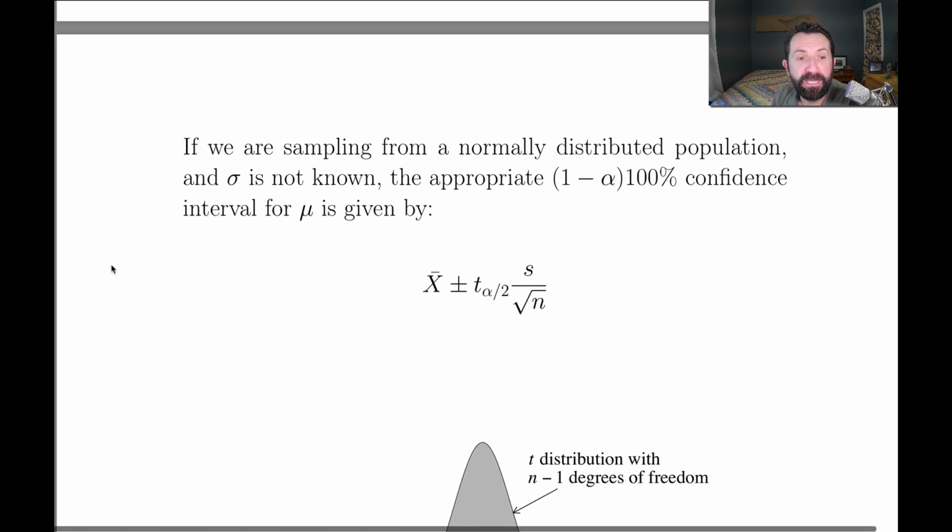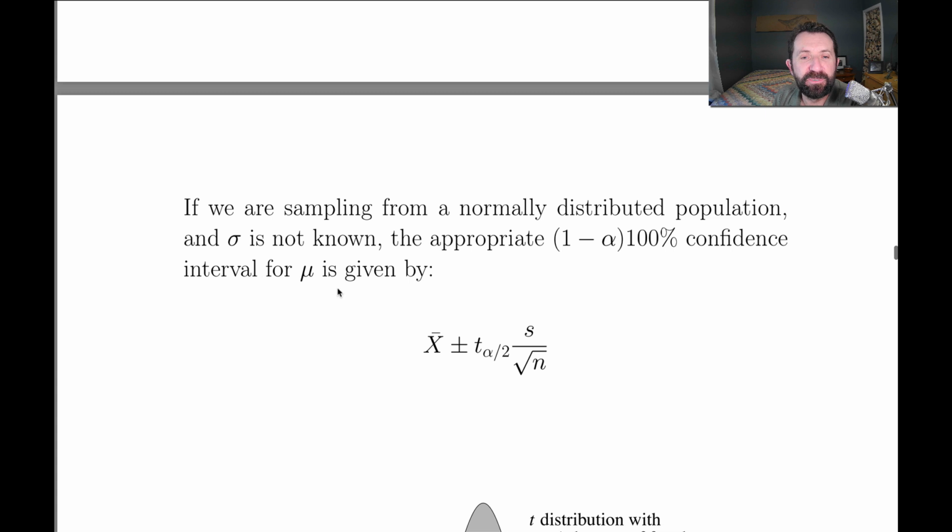Same formula, essentially. We're sampling from a normally distributed population, and we don't know sigma, so we can't use it in the formula. This is the same formula as for the sigma known case, except in the sigma known case we used z where t now is.